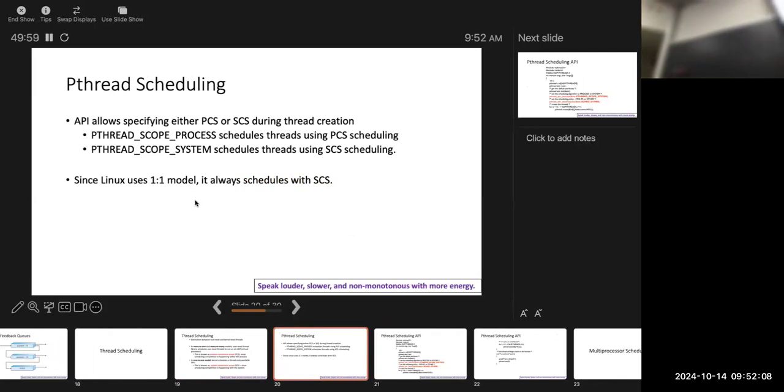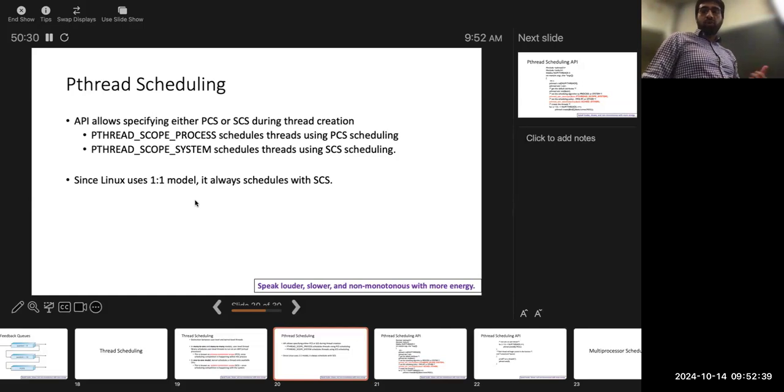In Linux, as I said, it always uses one-to-one mapping, not many-to-one, and most of the modern operating systems use one-to-one. So it means you can set the competition scope only to the system level, because each user level thread is mapped to a separate kernel level thread. So every thread competes with all other threads in the system.